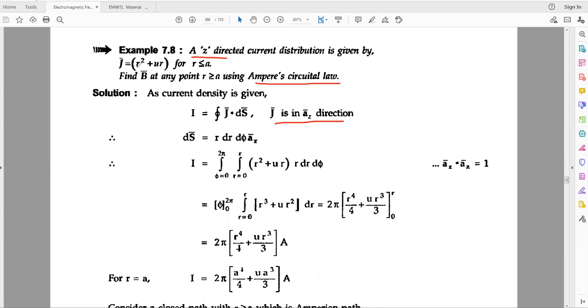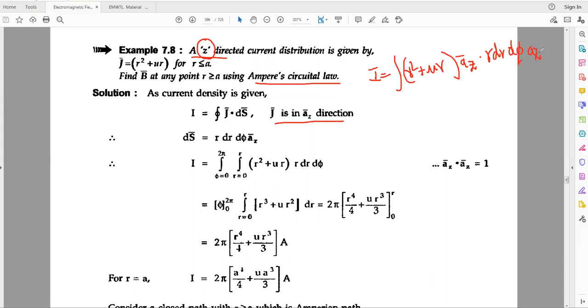Here they didn't give J bar as r squared plus mu r only; the problem says a Z-directed current distribution is given by. So I is the integral of J bar, r squared plus mu r a_z bar, and the direction is a_z bar. The differential surface area is also in the a_z bar direction, r dr d phi.